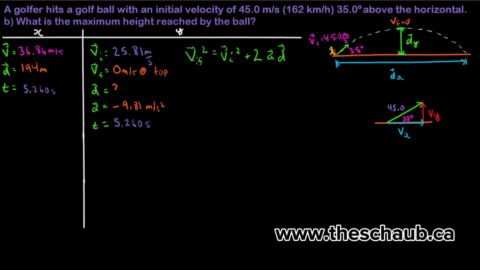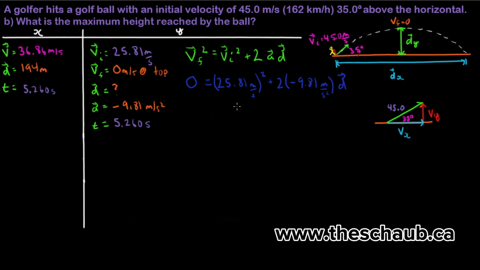Bringing in the numbers, we have a Vf value of 0, so 0 squared is still 0. And this is equal to our Vi squared, which is 25.81 meters per second, squared, plus 2 multiplied by the acceleration, which is negative 9.81 meters per second squared, multiplied by our displacement, which is what we're looking for.